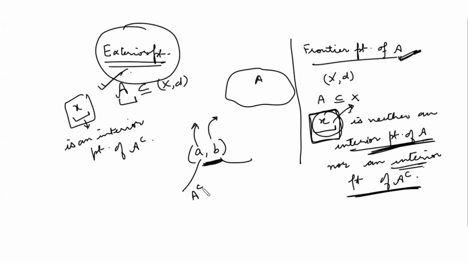Similarly, when you find out the complement of it, you will have minus infinity to A union B to infinity. Again, your A is not an interior point of the complement of A. B is not an interior point of the complement of A. So here A and B, they are neither the interior points of A nor the interior points of A complement.